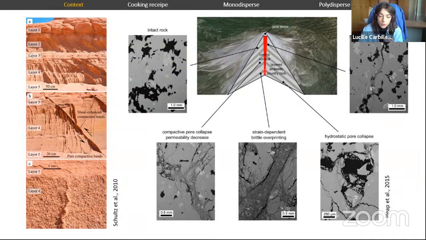Therefore, we need to know how these host rocks react when exposed to different pressure conditions to monitor the evolution of permeability and then of the explosivity of the volcano. So once again, this can be achieved by studying how the microstructure of the host rock controls the bulk behavior.